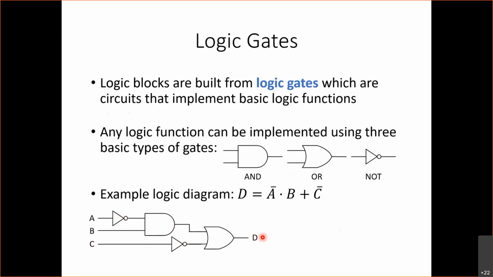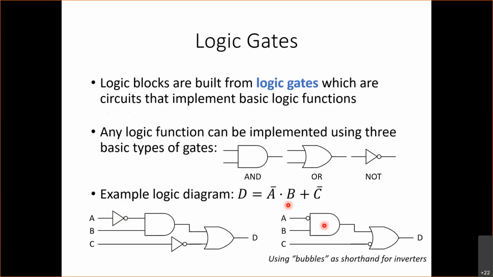Now, because these inverters are a little bit tedious to draw, and we usually have inverters all over the place inside of a logic diagram, there's usually a shorthand for representing inverters, which is like this. We have these little bubbles at the inputs of our gates.